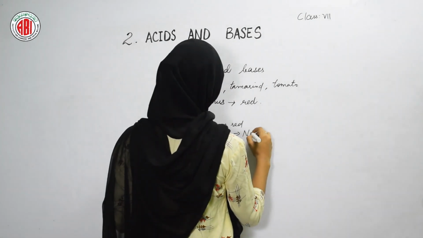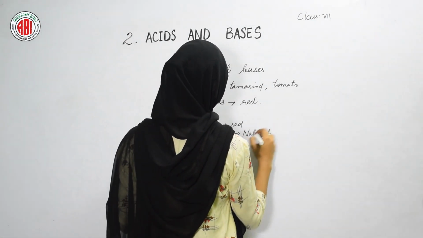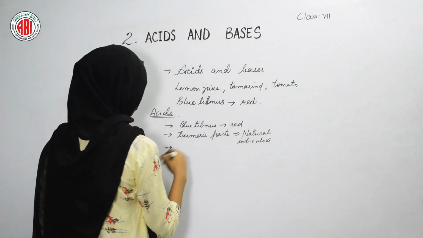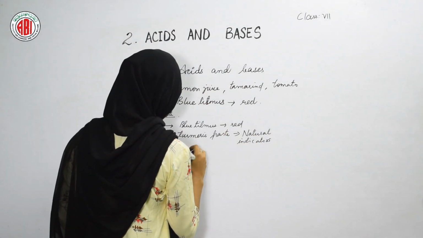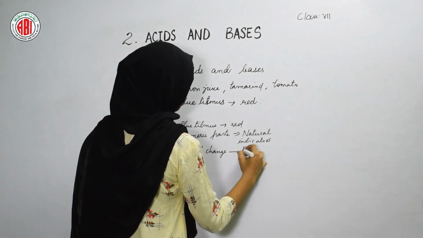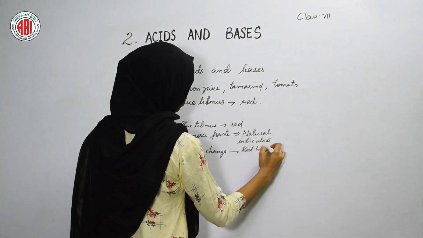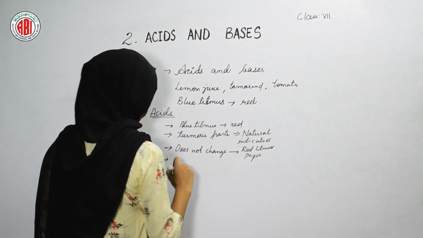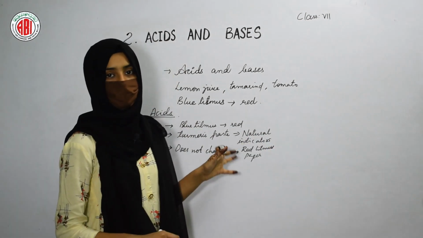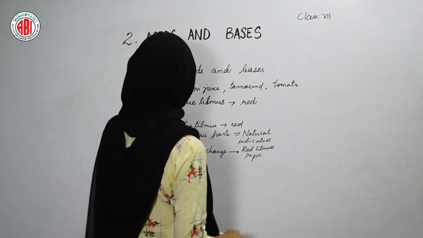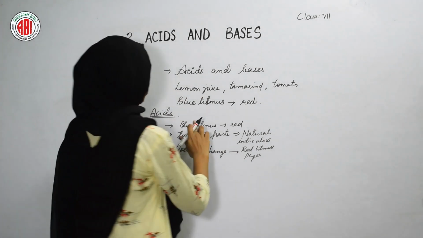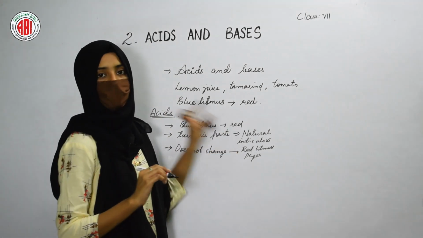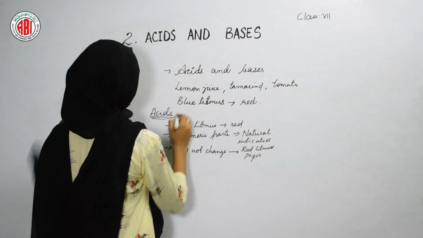They also do not change the color of red litmus paper when we use it to check the nature of these substances. Whenever a substance changes blue litmus paper into red, then that substance is an acid.